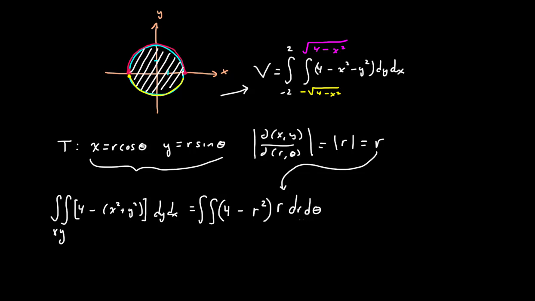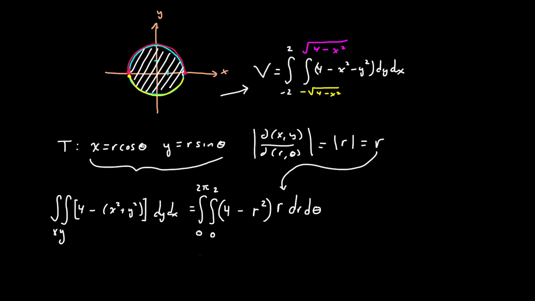Now we have to talk about the bounds, and these bounds are set up the same way they were last year. So over theta, we're going to go 0 to 2 pi, and then r is going to go from 0 to 2. Now this is also pretty desirable because the bounds are what we say rectangular.